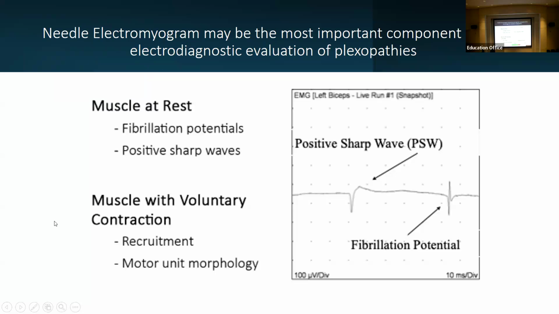And you also want to observe the muscle with voluntary contractions. You want to see how the recruitment is, and you also want to look at motor unit morphologies to see whether there are any acute or chronic changes.